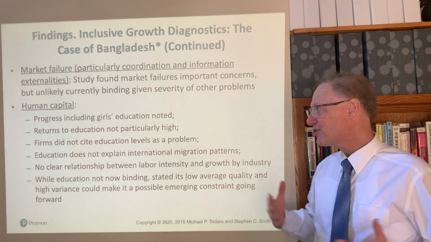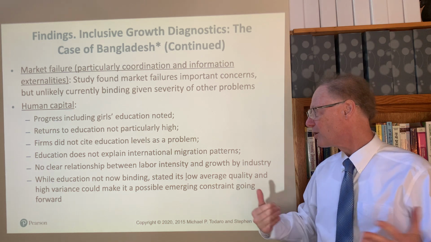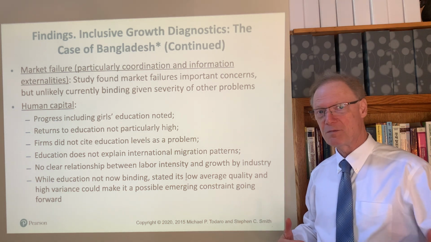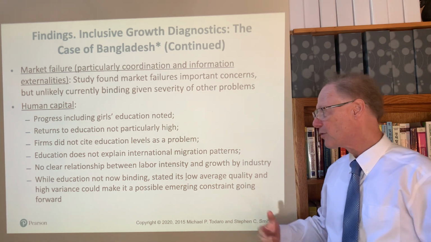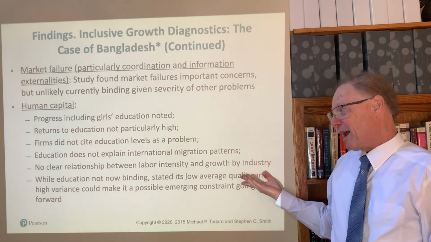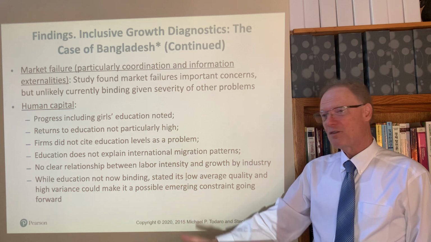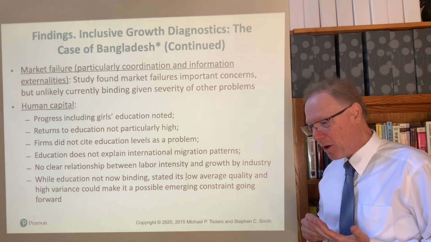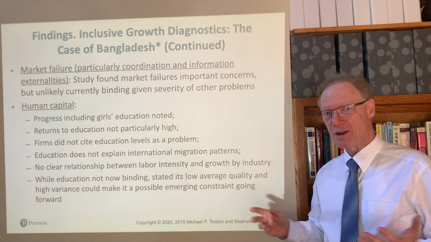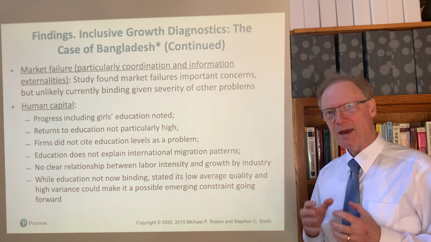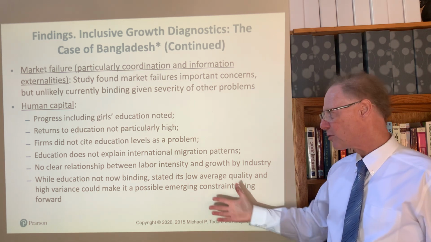And also education does not explain international migration patterns, who is moving to work in the Middle East and things of this kind. And there's no clear relationship between the labor intensity and growth industry by industry. So although it was very plausible to think about education as a binding constraint in Bangladesh, the evidence for it being the constraint now just wasn't there.